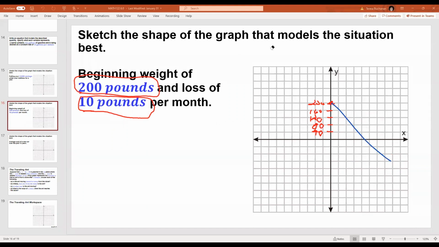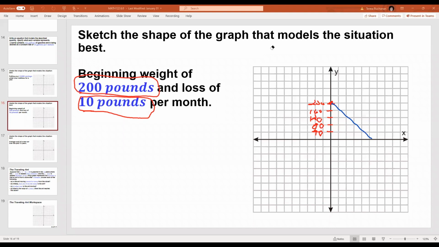This will not be the correct slope because I'm not trying to graph this in a real specific way, but I do want to say that the slope would be negative as I go forward in my time, in my x direction, my weight values, the pounds, are dropping. I get that slant, that leaning back look to it.